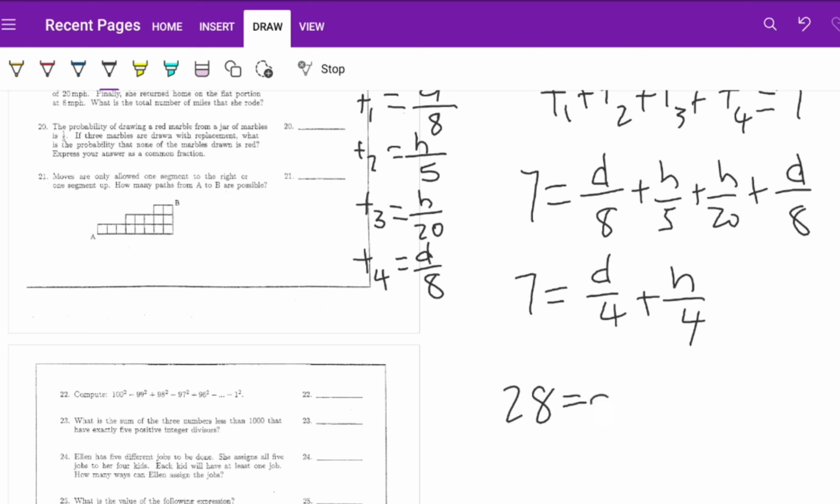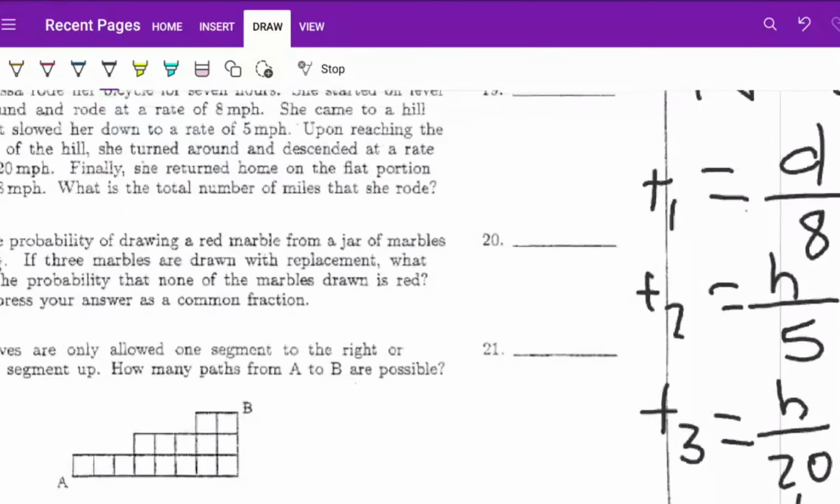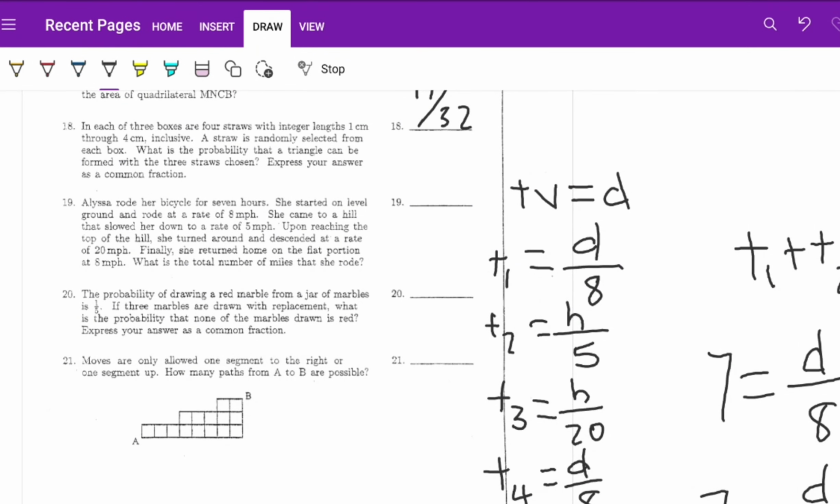We get 28 is equal to D plus H. And since we know what D plus H is, we know the distance on the level ground and the hill. But we want to know the total miles she rode. And we know that she went on both twice, so we just multiply by 2 and we get 56. So that means she rode a total of 56 miles.